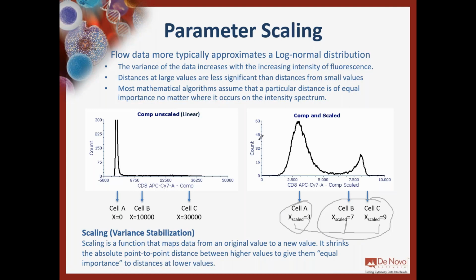So overall, what you're doing is giving the distances at higher value the same importance as the distances at lower value. You are balancing the importance of distances. And graphically speaking, all you have is that the two peaks, the negative and the positive, are more comparable. This is all you want. You are basically doing a favor to the algorithm.